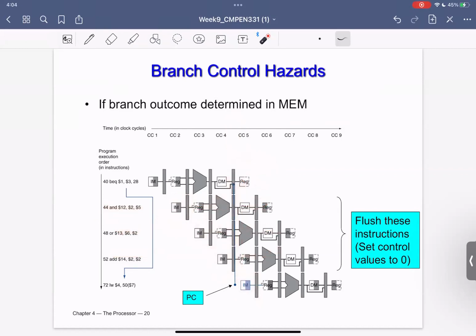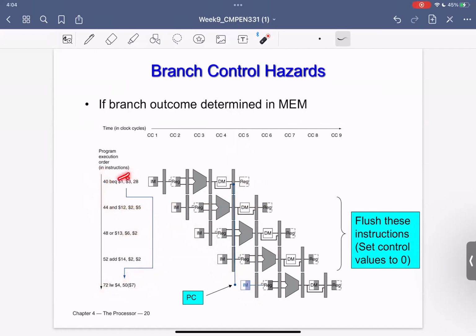So if this instruction is at address 40, the program counter plus 4 is 44. If the branch is taken, my next address, the taken address, will be another address that I have to take, but I have to stall 3.